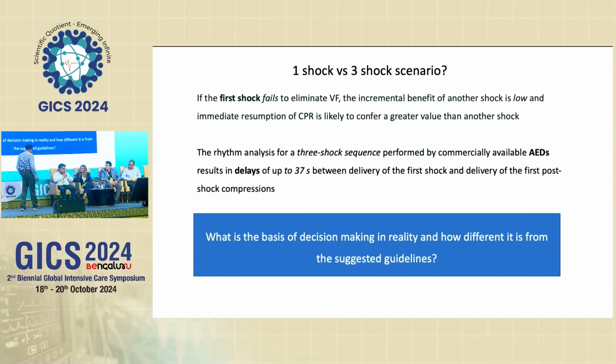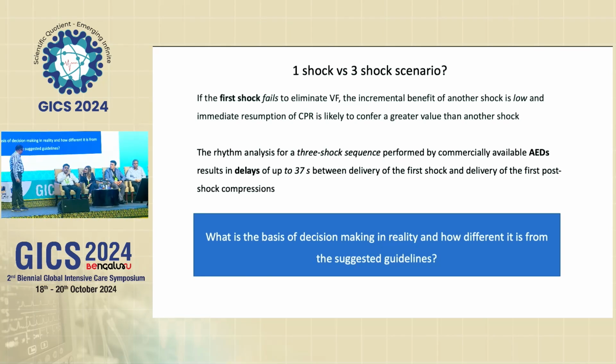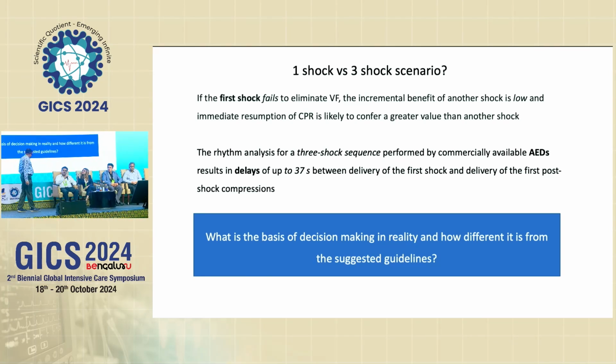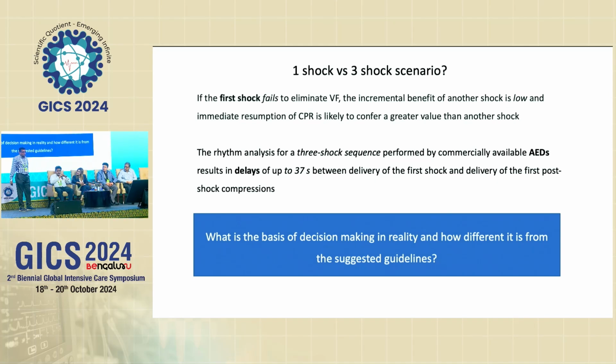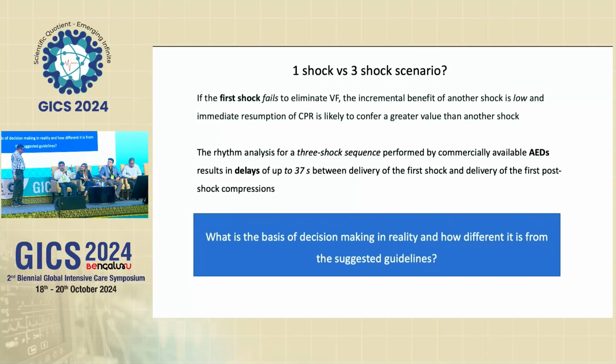Dr. Samvedam, if everyone says 1 shock is okay, why in practice does the reality become different than 1 shock? Because we are carried away by correcting the rhythm rather than sustaining the perfusion pressure. We are caught up with that mindset that the rhythm is the cause of the arrest, so I need to correct the rhythm. But if you're not able to achieve it with the first shock, the focus should be back on restoring the coronary perfusion pressure rather than restoring the rhythm.